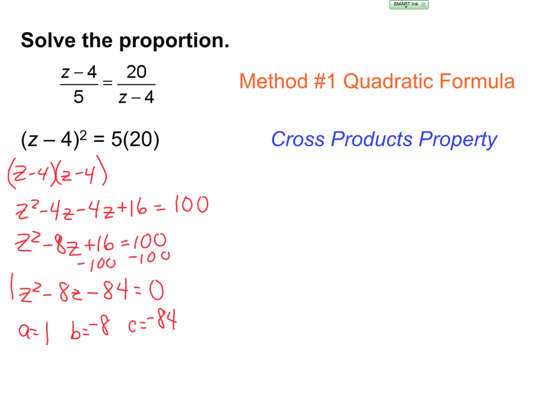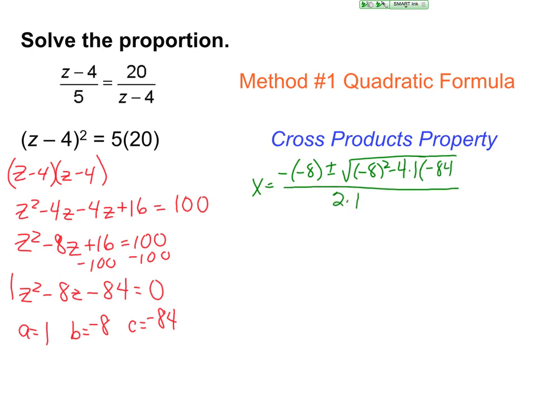You want me to show the complete quadratic formula going through it? Some are saying yes. So we should have positive 8 plus and minus square root of 64 plus, what was 4 times 84? 336.